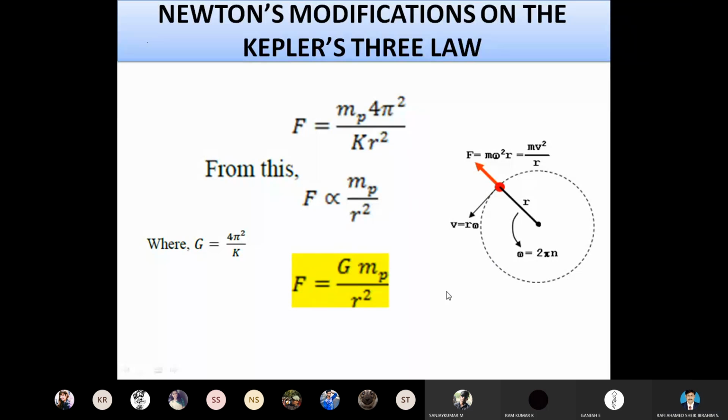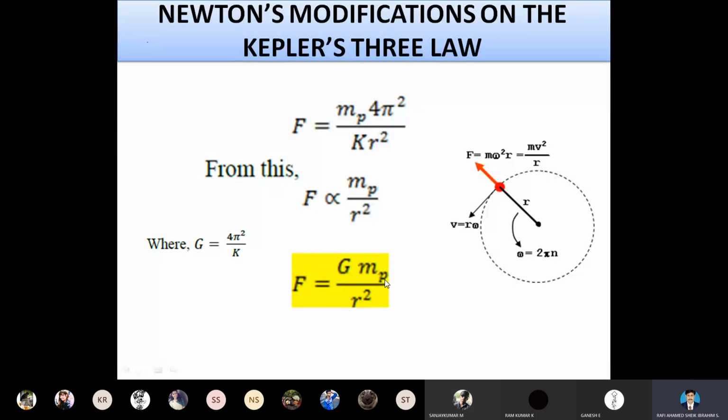This is the term which we derived in the last class, and it is considered in the problem section. A problem may be asked from this formula.